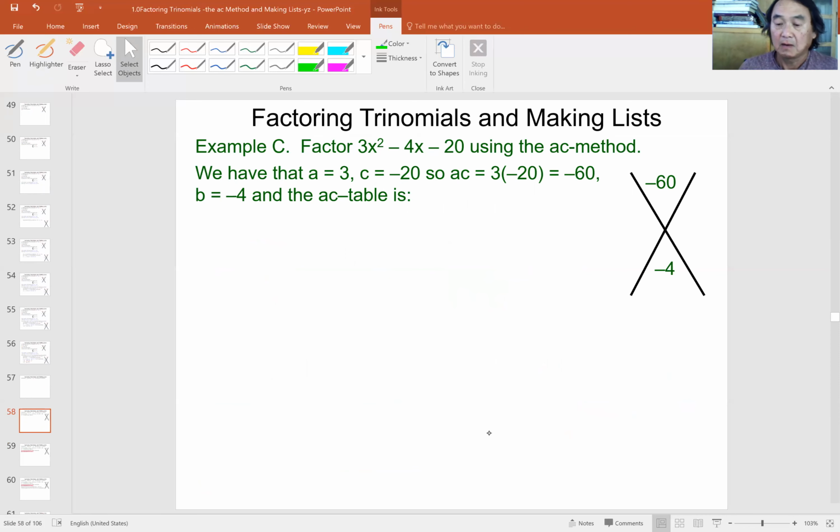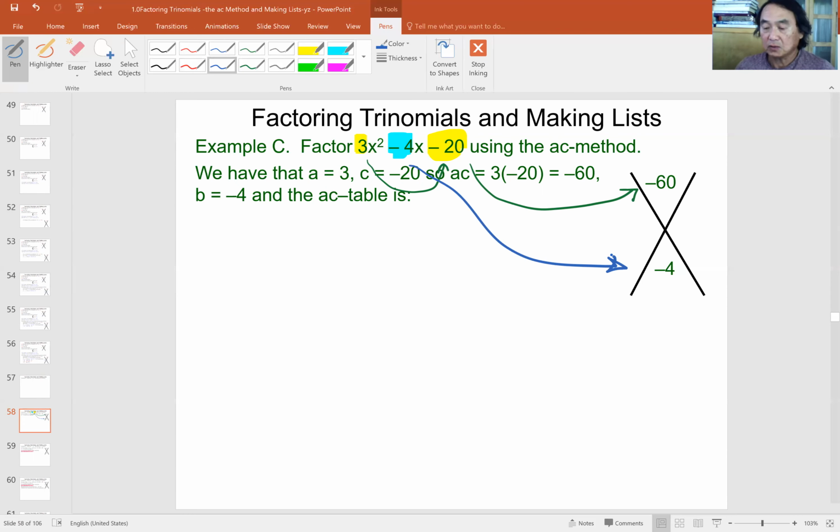Okay, first, why is it called the AC method? Because the number in front of the x squared is called A, the number term is called C. A times C is to be put on top. Okay, and then the B is the middle number, and that's to go to the bottom.